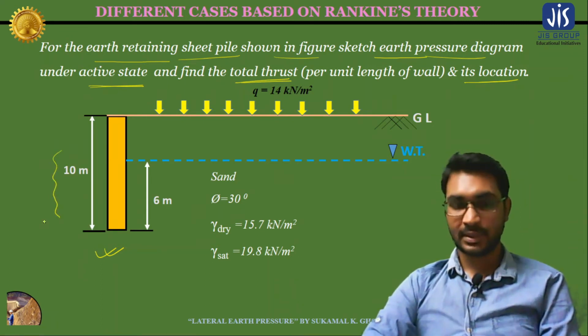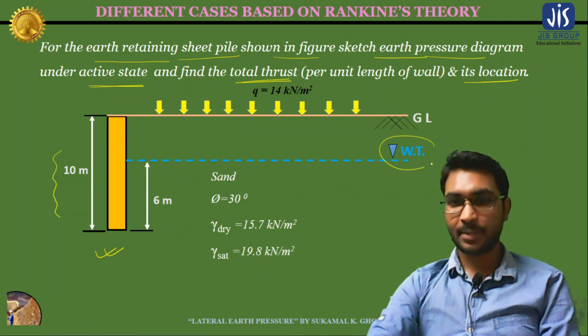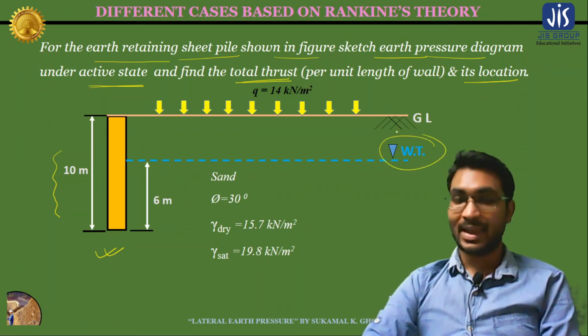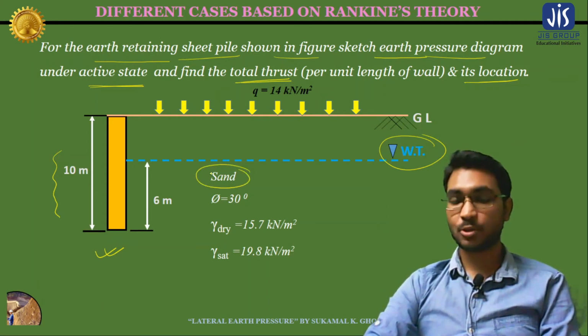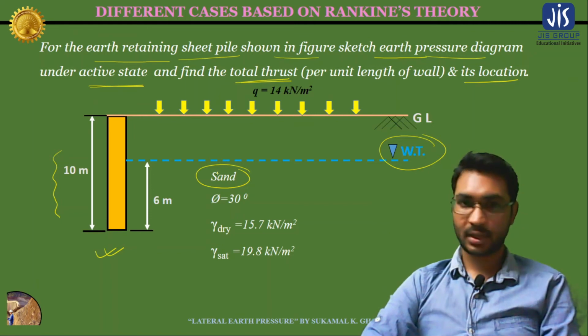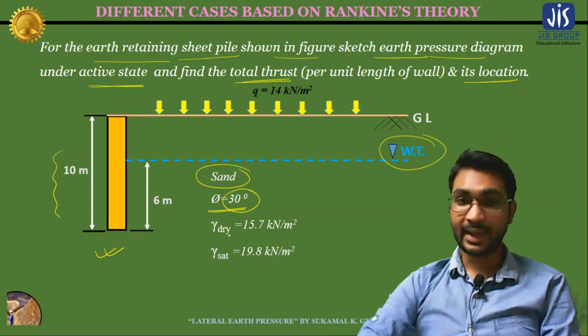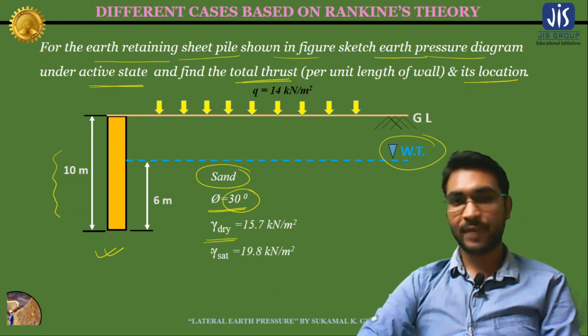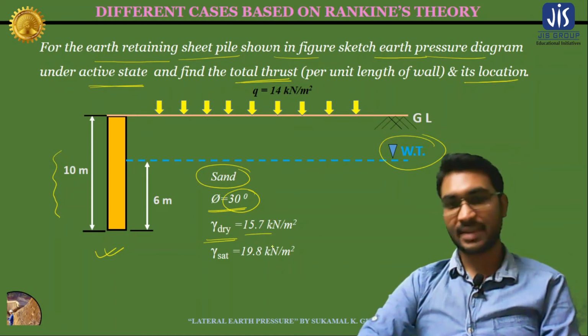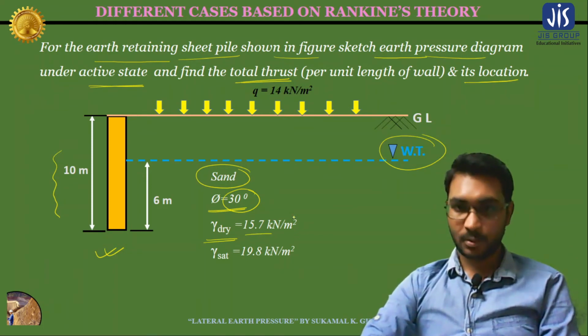Okay, now from the base of the sheet pile at 6 meter depth there is a water table present. Okay, and the soil is sand, means the soil is cohesionless soil. Okay, and the angle of internal friction is 30 degree and the dry unit weight is 15.7 kilonewton per meter cube.